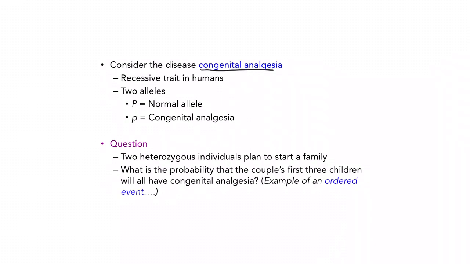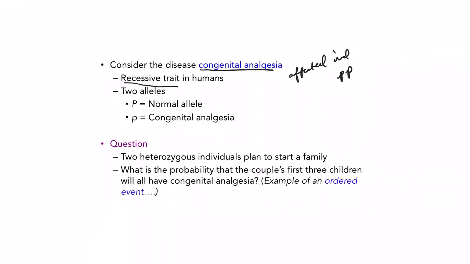Affected individuals can have trouble distinguishing between sensations, so extreme sensations may not be perceived as very painful. This is considered a recessive trait in humans. So affected individuals are going to be homozygous recessive, so they'd be little p in this situation.